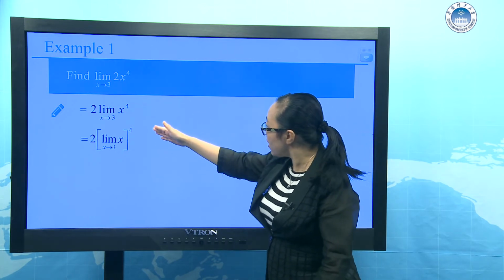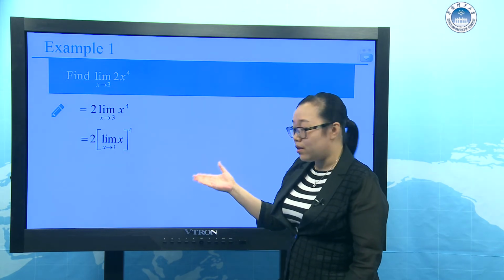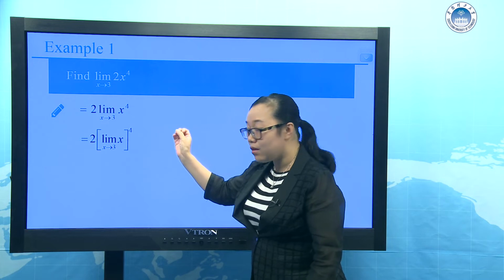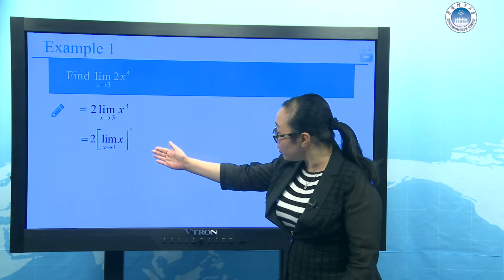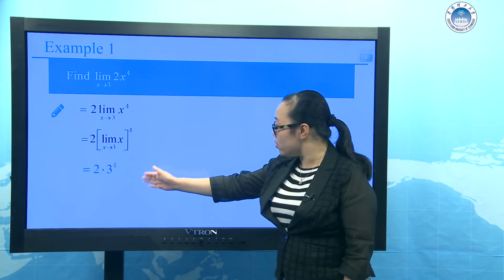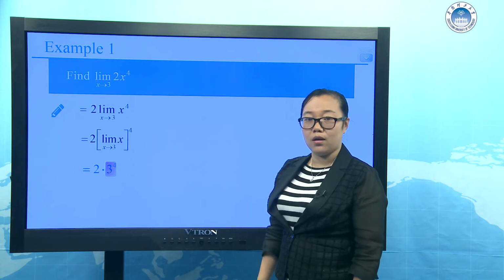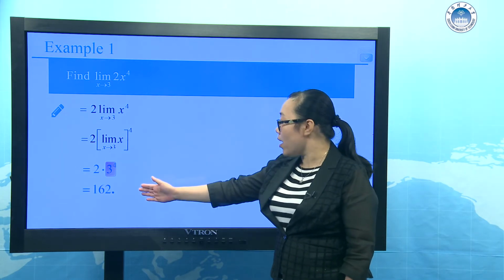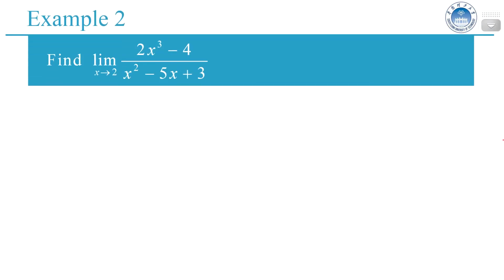For the fourth power, we can get the limit first and then take the fourth power. The limit of x as x tends to 3 equals 3 itself. So we have 2 times 3 to the fourth power together. The final answer is 162.